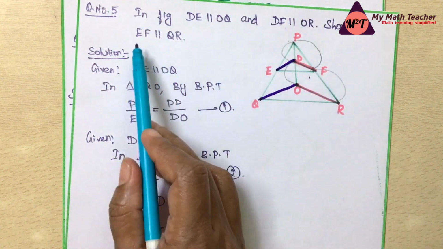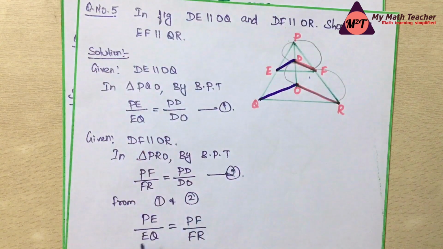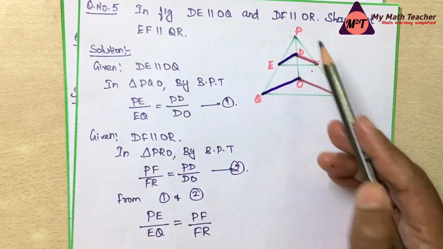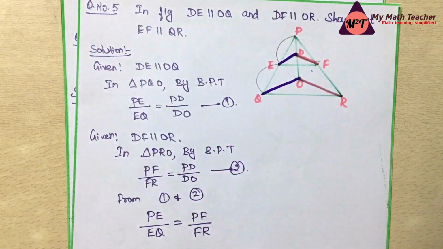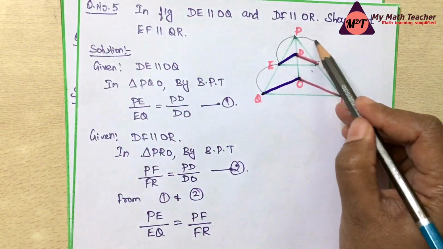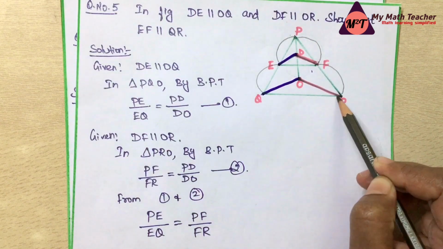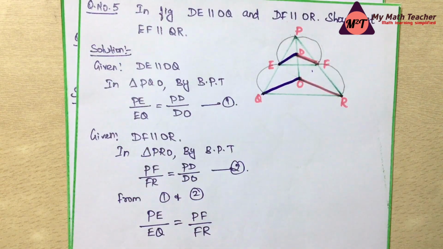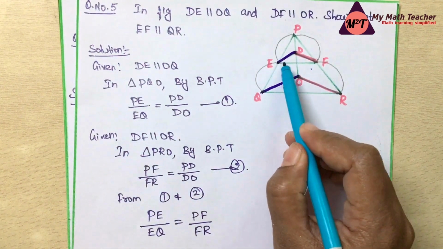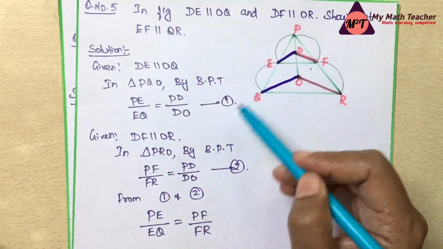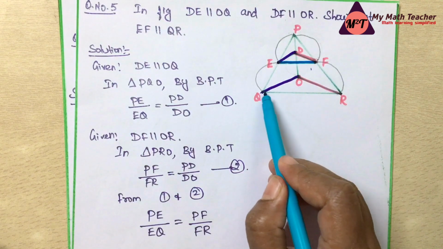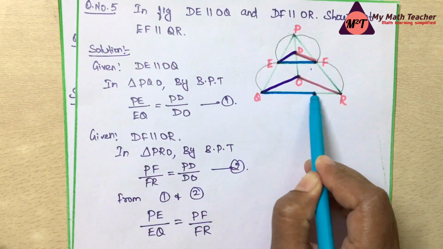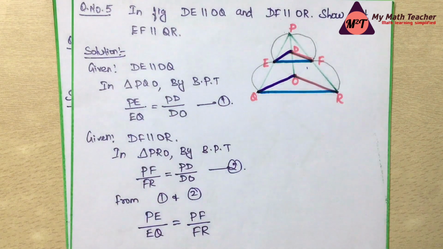What we have to prove? EF is parallel to QR. Now you can see here PE divided by EQ is equal to PF divided by FR. What is the meaning? From this we can understand that when both the sides are equal, this line EF is parallel to QR. This is by the converse of the basic proportionality theorem.